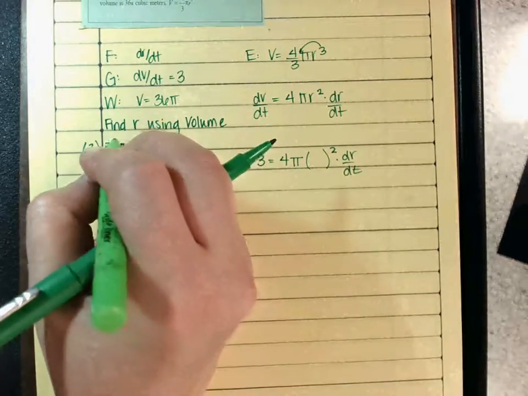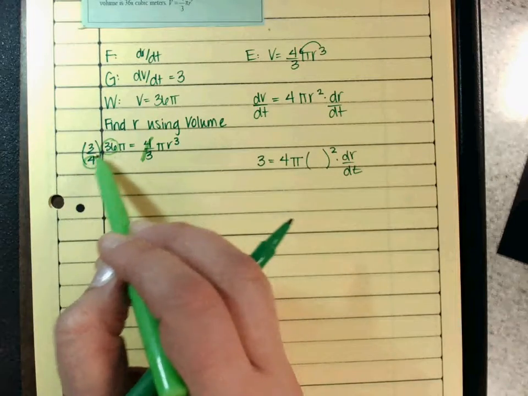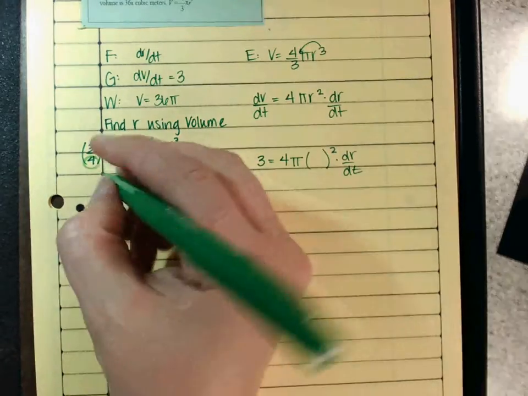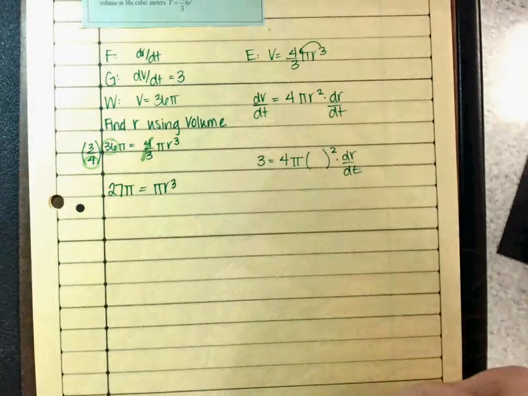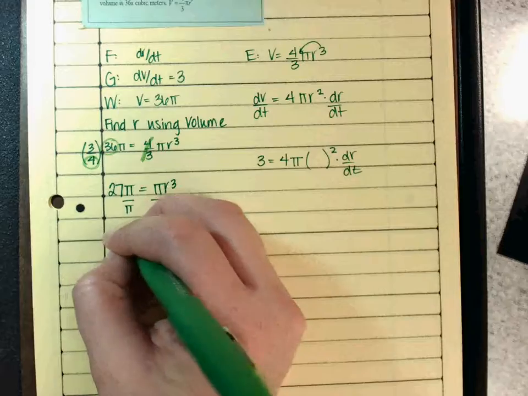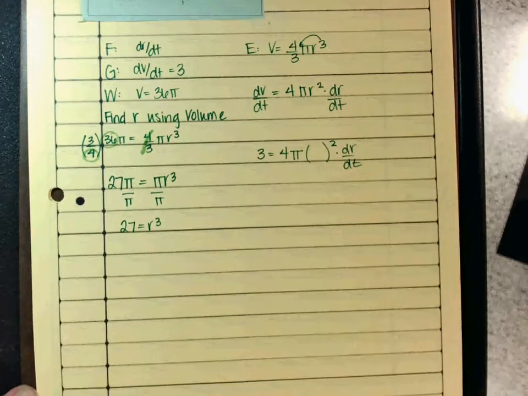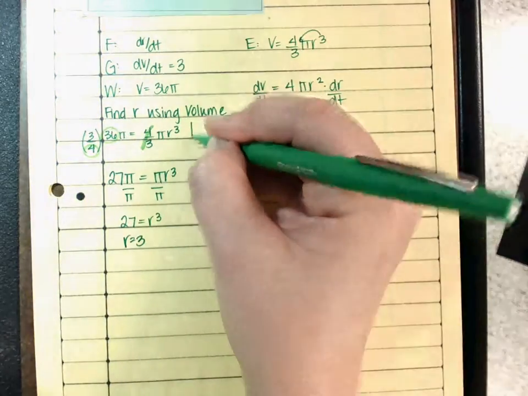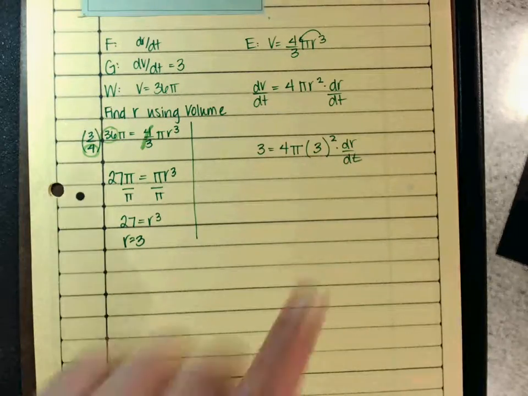What is 36 divided by 4 first? 36 divided by 4 is 9, and then 9 times 3 is 27 pi equals pi r cubed. Well, then next I'm going to divide by pi. That means that 27 is r cubed. Well, then I need to take the cubic root of 27, which is what? Then r is 3.